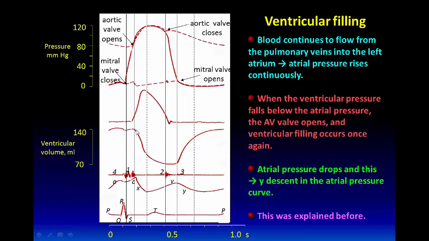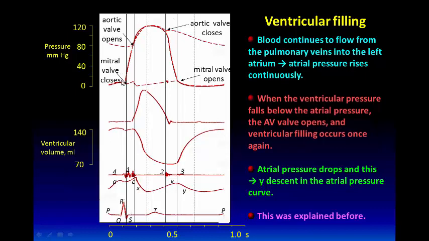The volume decreases during the rapid ejection phase and continues to decrease but slowly during the slow ejection phase. And this is now the end systolic volume, the volume which remains by the end of systole. This is the volume during the isometric relaxation phase, the same end systolic volume. Now this is the rapid filling phase, followed by the slow filling phase.